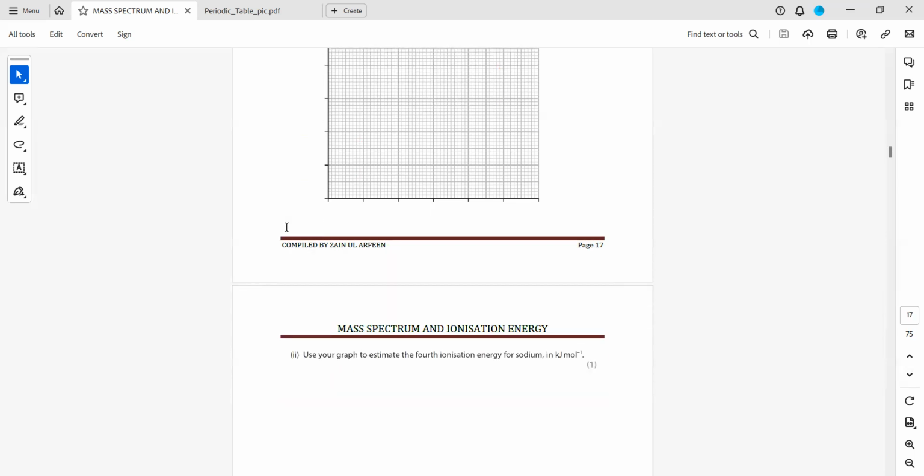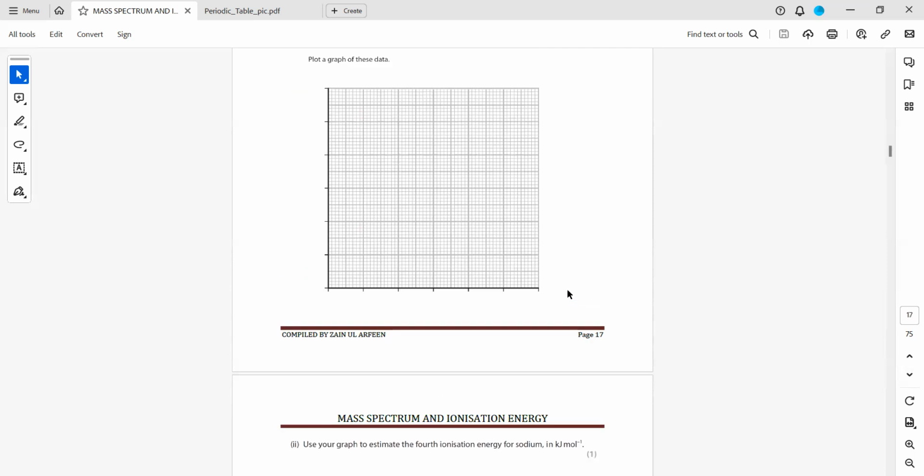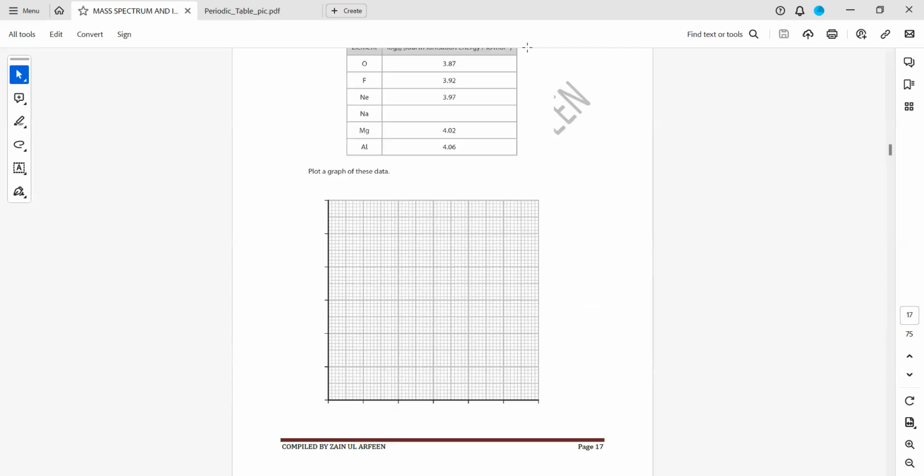Then use the graph to estimate the fourth ionization energy of sodium, because as you can see, it follows a pattern. So what should be the fourth ionization energy of sodium? First, you will work out the position where we'll get sodium, somewhere here, but this is the log of ionization energy.